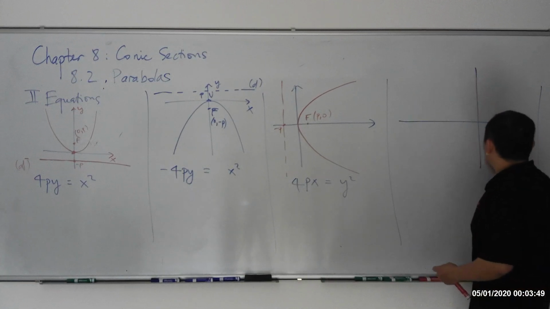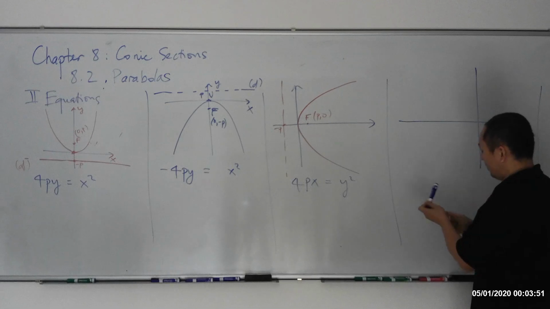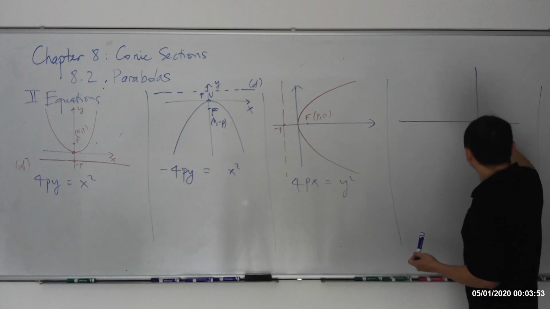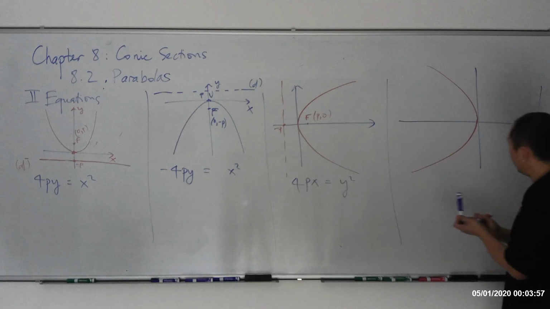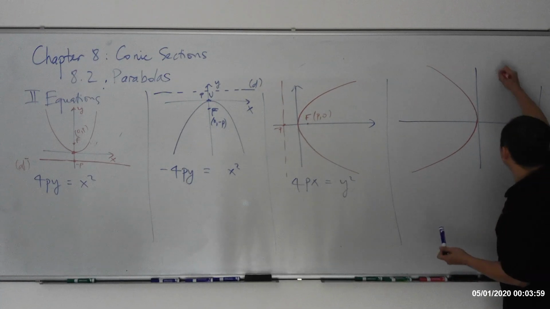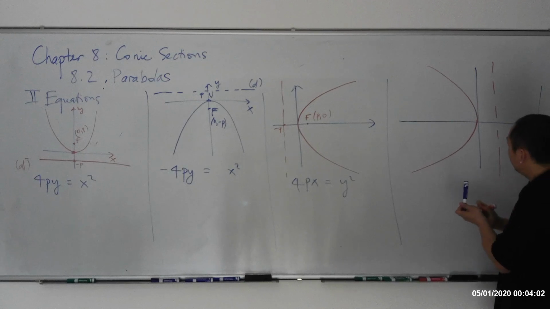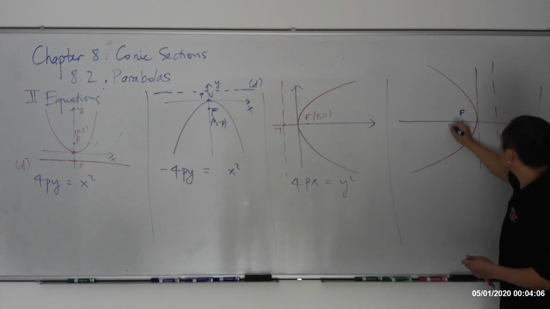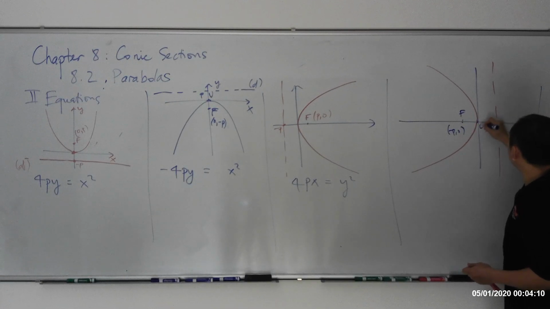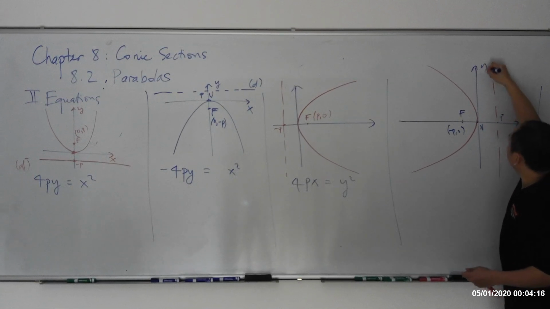We have the fourth one for today. A parabola that opens to the left. With this one, the directrix is going to stay on the right-hand side. The focus point F is right here. This point is at what? (Negative P, 0). The origin is right here, which is the vertex. This is the x-axis, the y-axis.